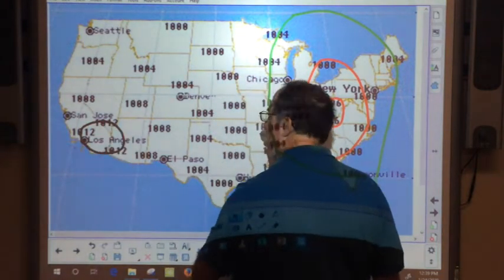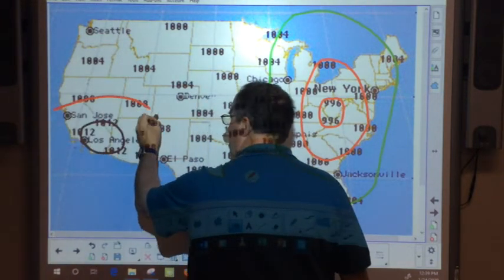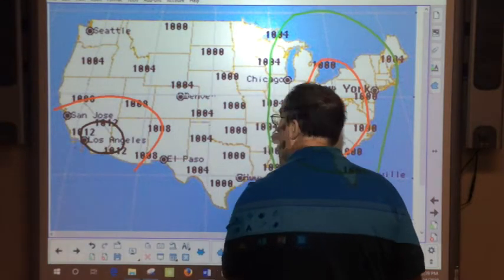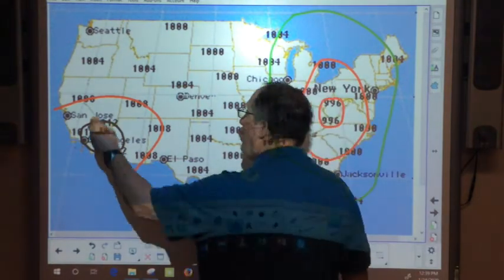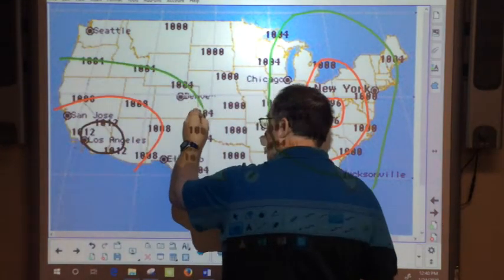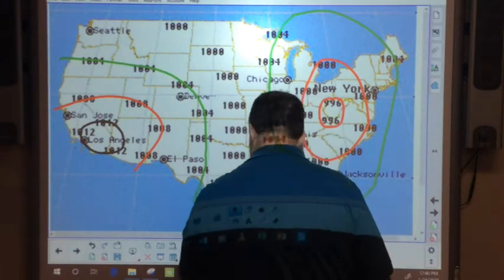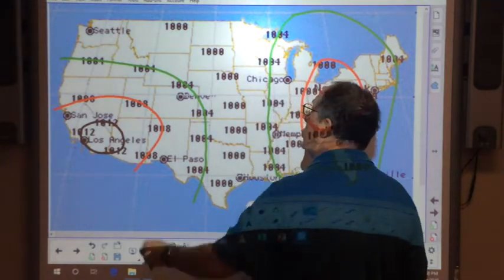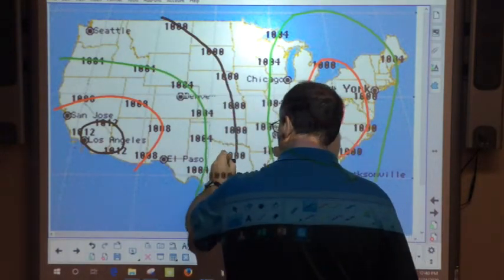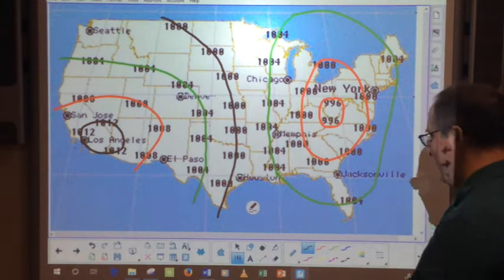We got a high one over here of 1,012, and then we got 1,008, and then 1,004. And then if you look over here, the 1,004. So these are areas inside that have the same pressures. They kind of define the hill or valley of pressure.